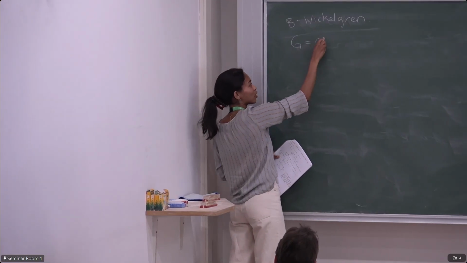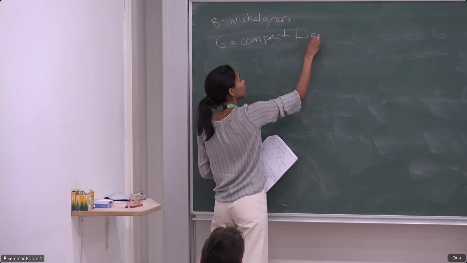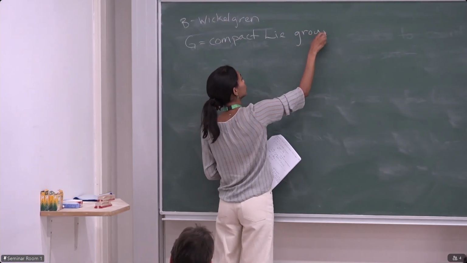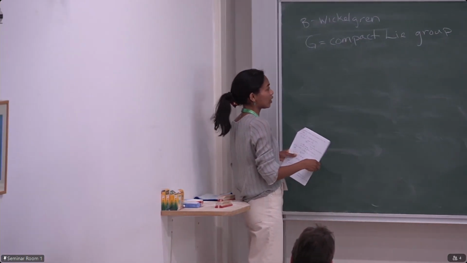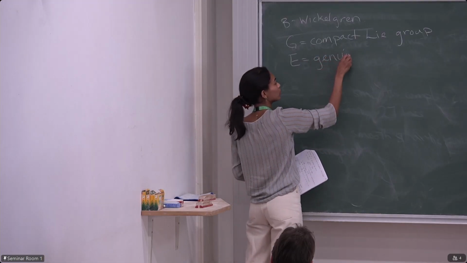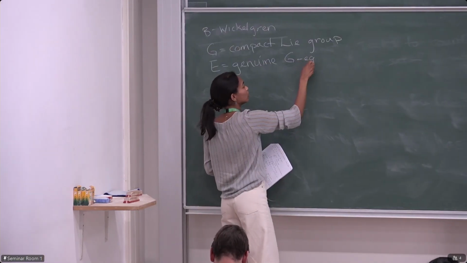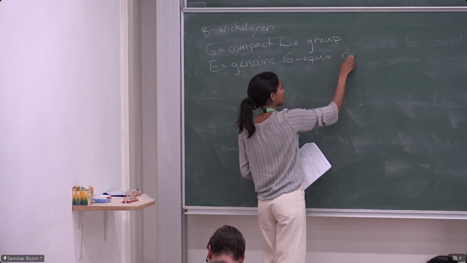Let G be a compact Lie group. Let E be a genuine equivariant ring spectrum.